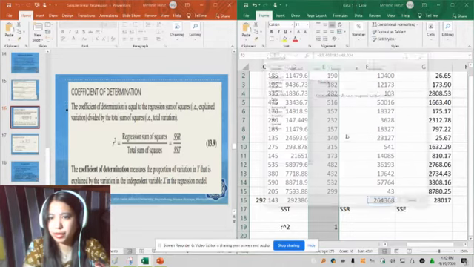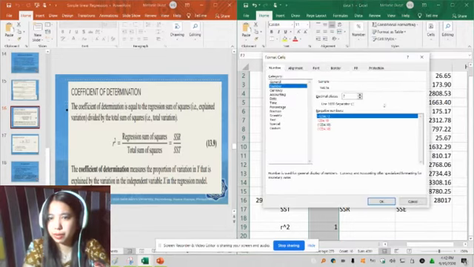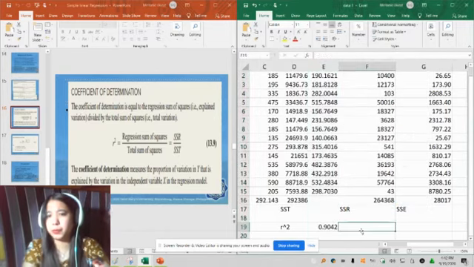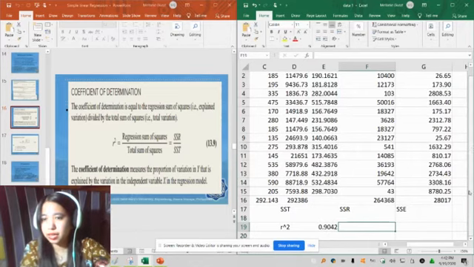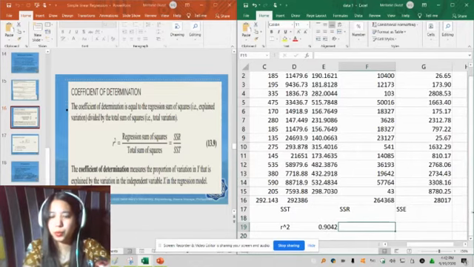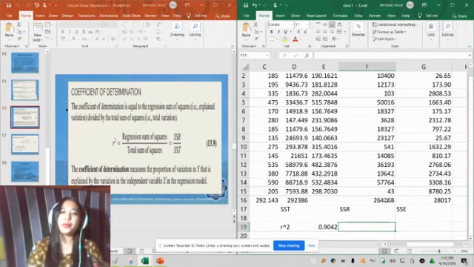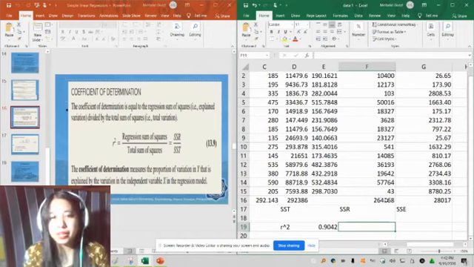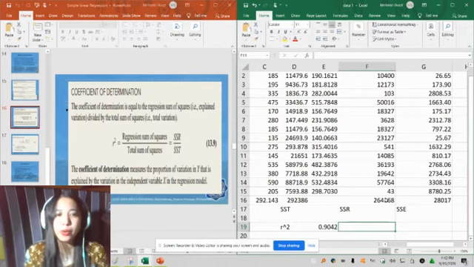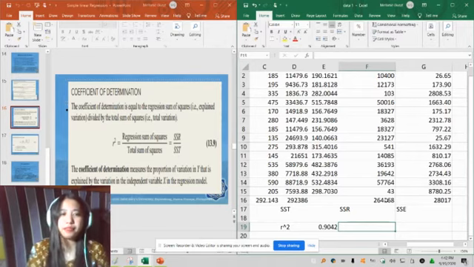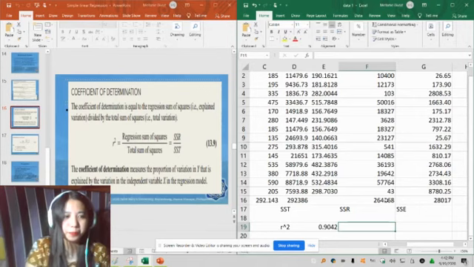But if we're going to look at the value when we see until 4 decimal places, this is 0.942. And for sure, this is also the value that we computed when we generated the value of R squared.